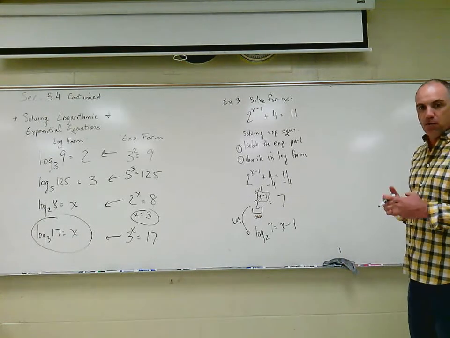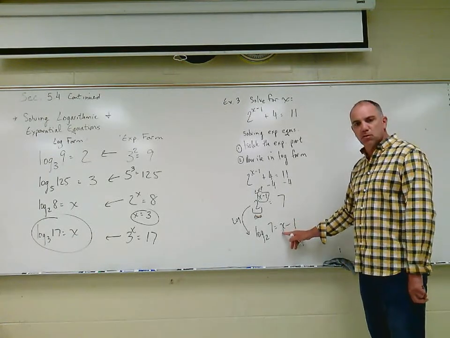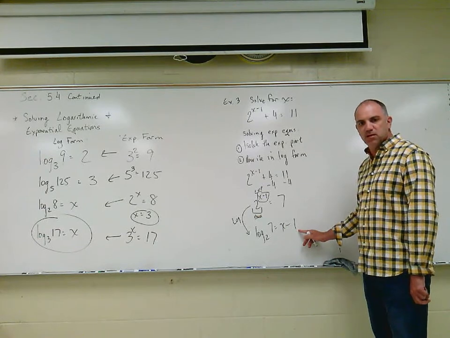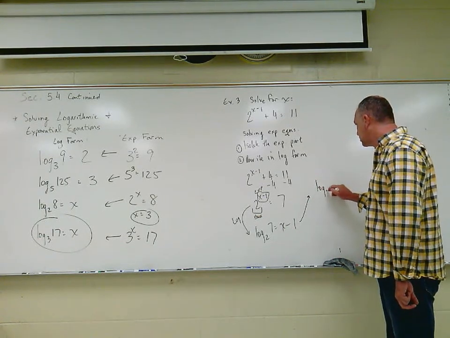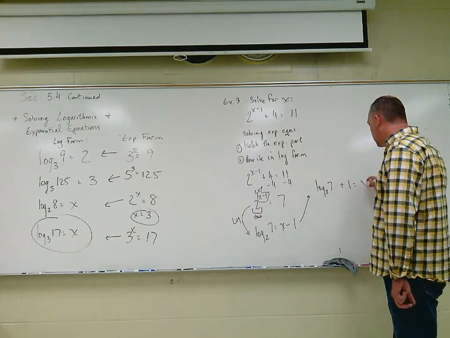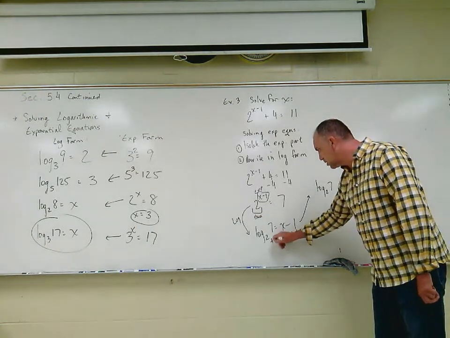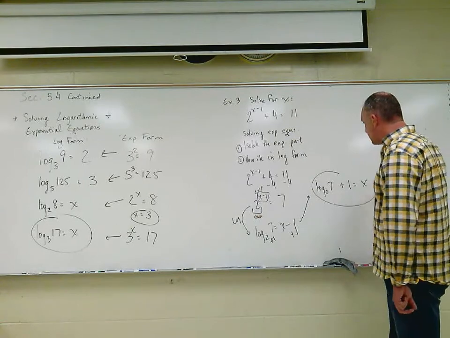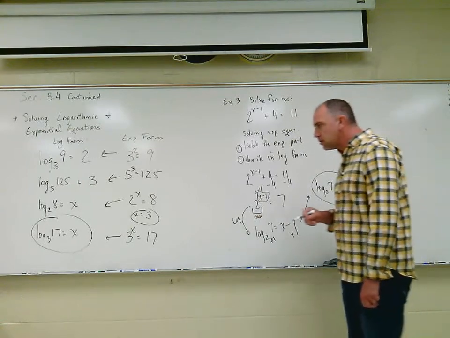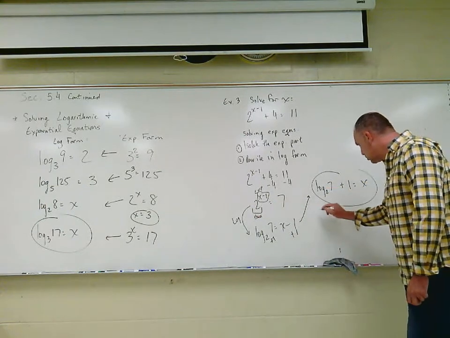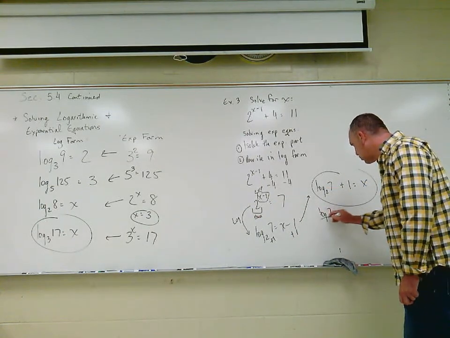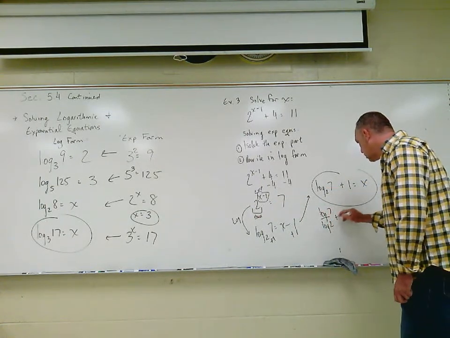Once I rewrite it, you can see the x is no longer in the exponent. I can get x by itself by adding 1. So log base 2 of 7 plus 1 is equal to x if I add 1 to both sides. Then you can type this in on your calculator. Remember, if you don't have the base 2 button, you can do the change of base, log 7 over log 2 plus 1.